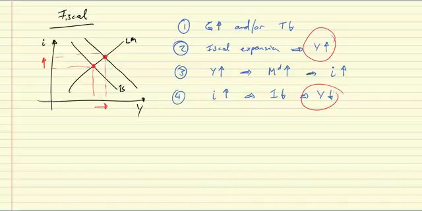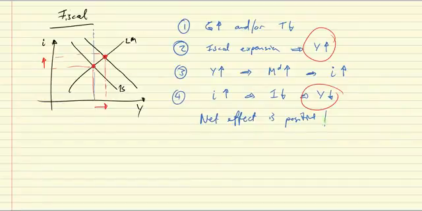It's quite easy to see though that as long as the LM curve here is upward sloping, as long as the LM curve is not vertical, the net effect is positive. So let me highlight that.